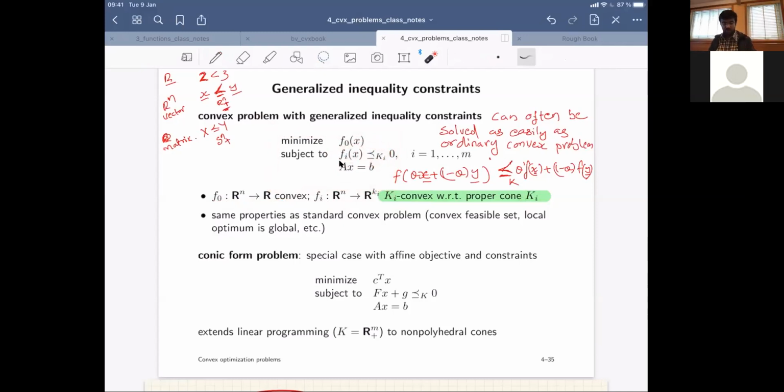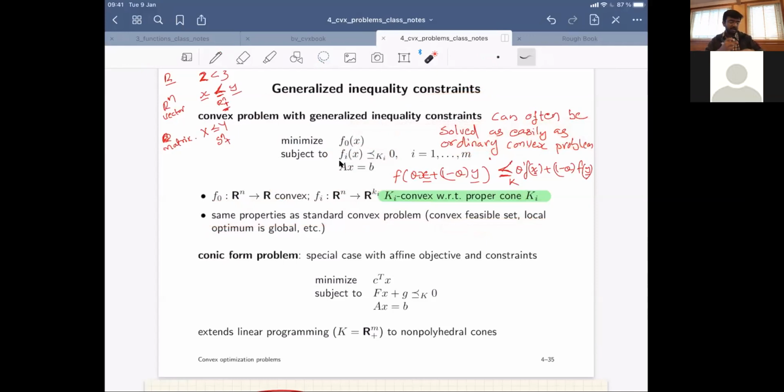This is called a convex problem with generalized inequality constraints. It can also be solved easily as a convex problem. Everything is convex, so the same properties we saw, local minima being global minima, and convex feasible sets, are all satisfied here.